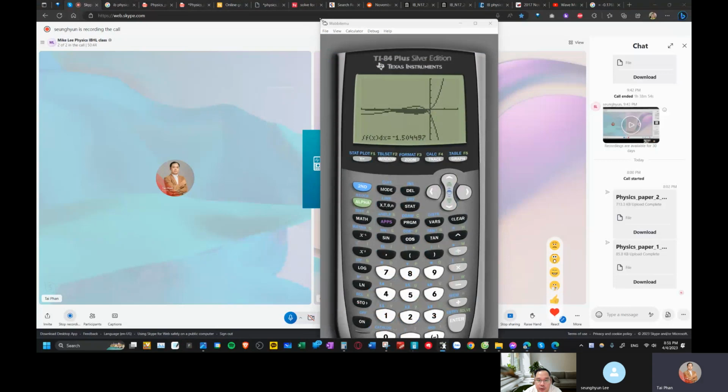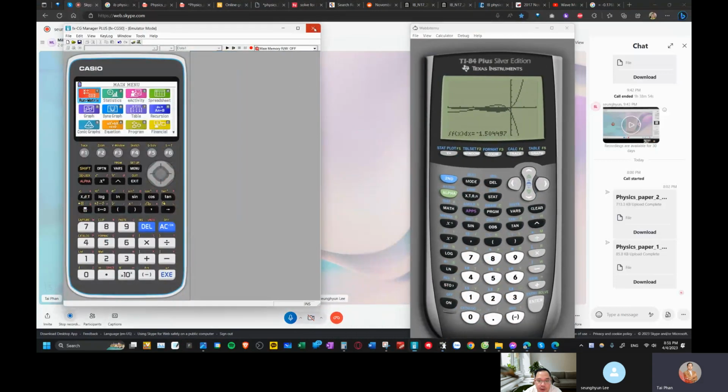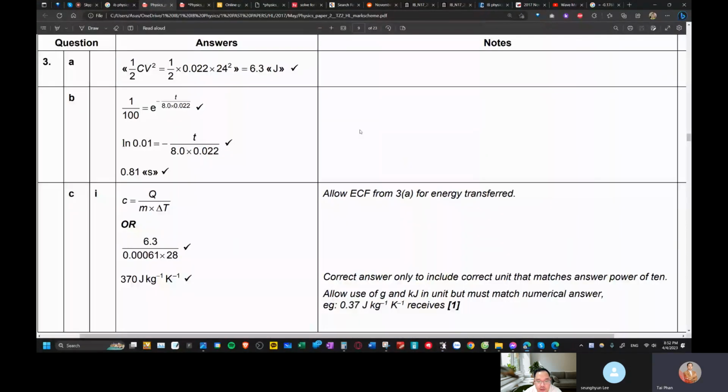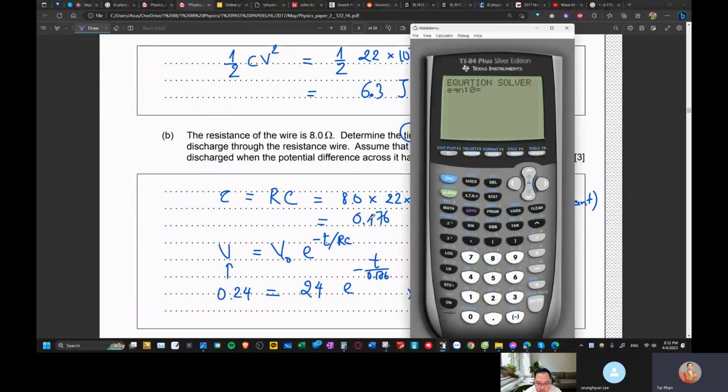Anyway, okay, we are solving that equation. Math, solving equation. Solver here, huh? And then I need to enter the equation. Clear. The equation is 24 multiplied with x times e to the power of negative x, which is the time, divided by 0.176.